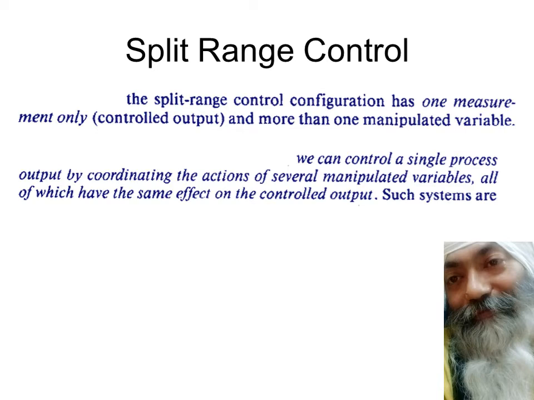Once again, I give a more specific example of level. I want to control the level of the tank at 50%, but the level right now is 60%. I want to bring the level down. To bring the level down, I can exercise two options.